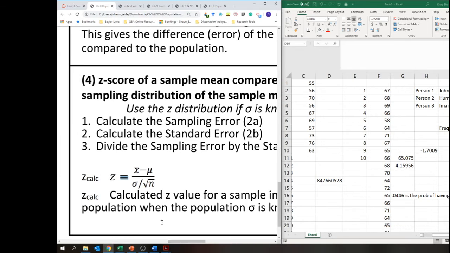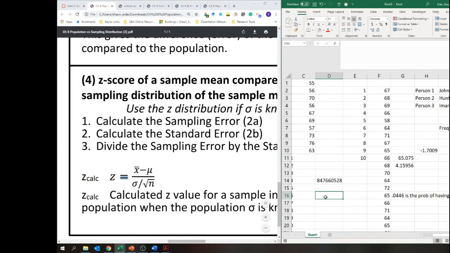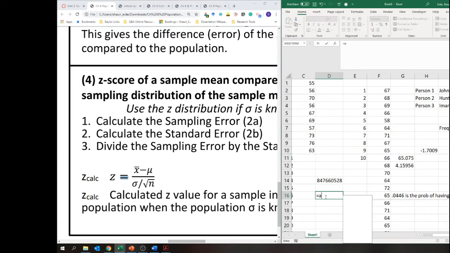We're still going to calculate the z-score. And so I'm going to do equals average. And I'm going to take the average of these first 10 numbers. I'm just going to say that these were my randomly selected numbers. So average of this minus the population mean.